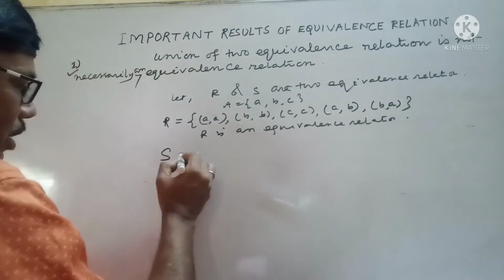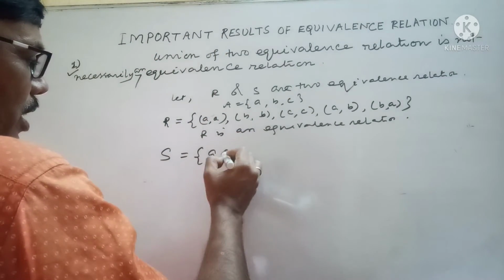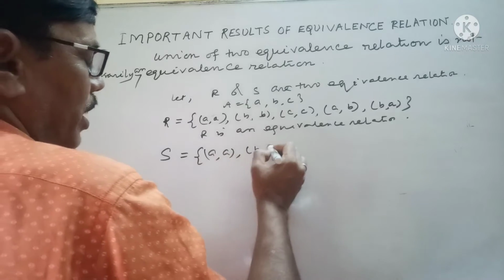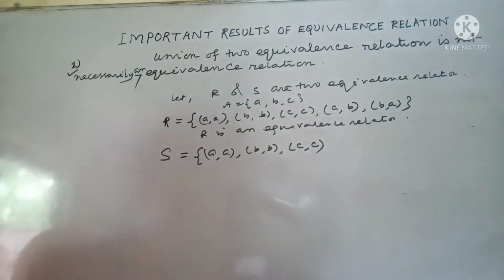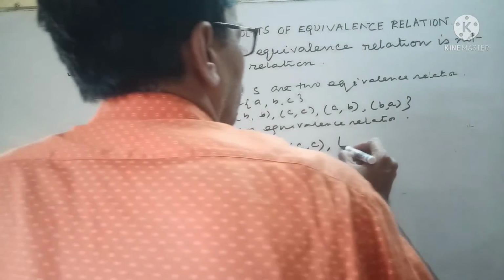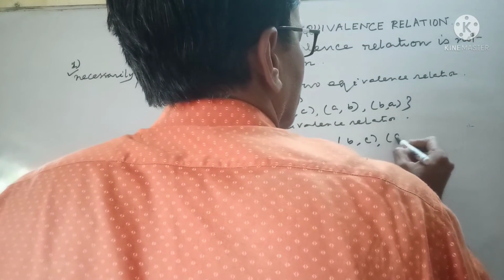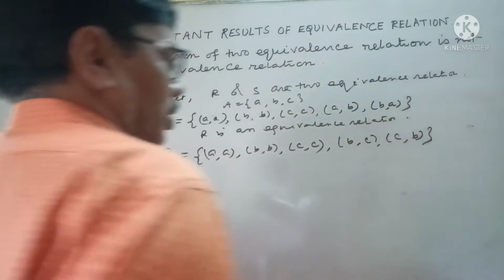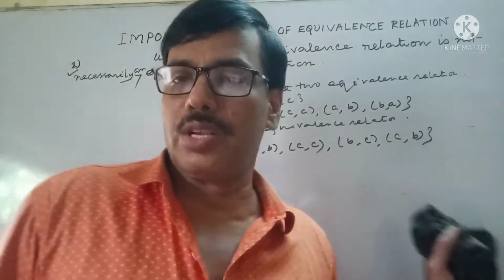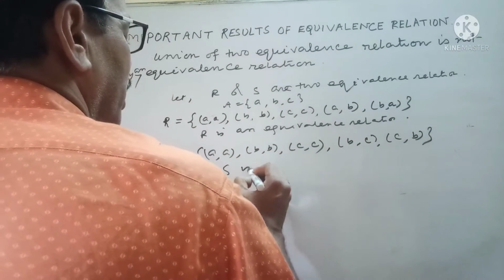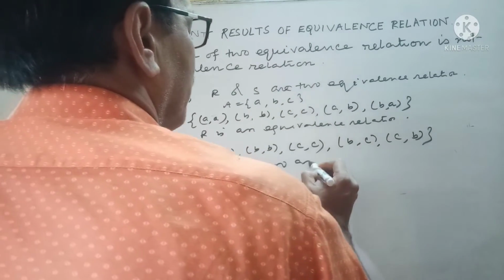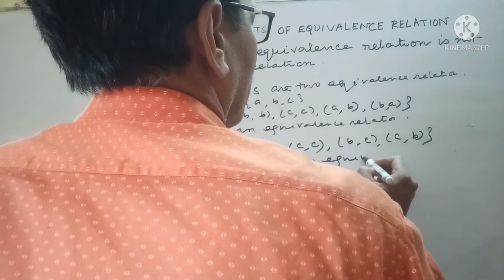Now similarly, we take S: to make it reflexive we need (a,a), (b,b), (c,c), and if we take (b,c), then (c,b). With a similar argument, S is also an equivalence relation.